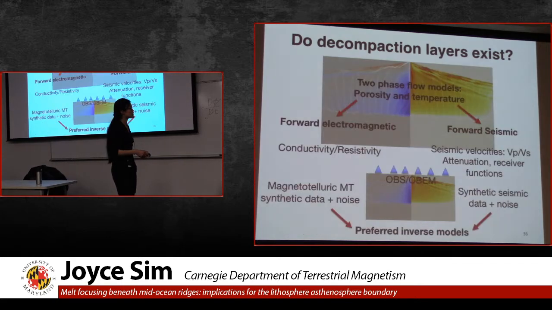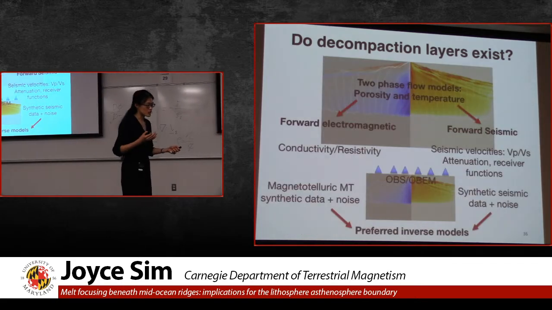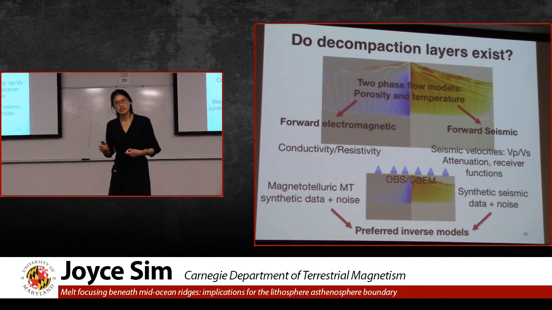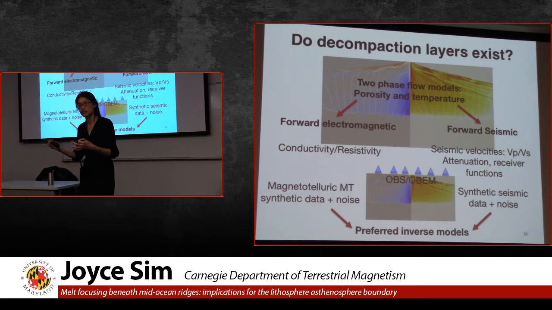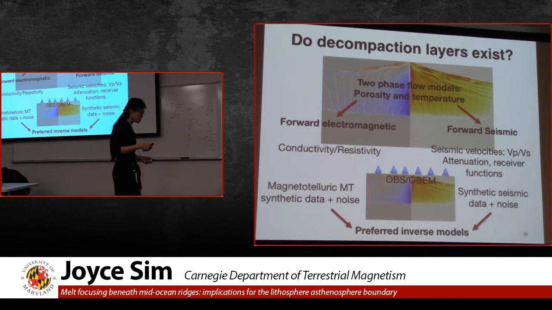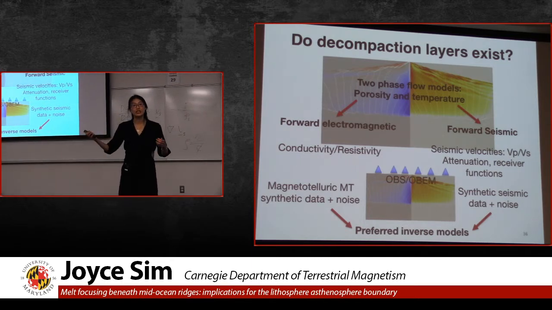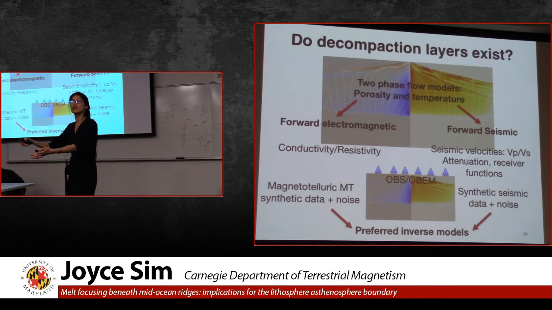But maybe also, we want to figure out where the LAB is because there's some disagreements there. But we also want to figure out, are the geophysical methods just not picking something up, or are the models lacking something? How can we reconcile this, right? So I'm trying to work with seismologists and electromagnetists to figure out, okay, if you were to take my models, what are you going to see?